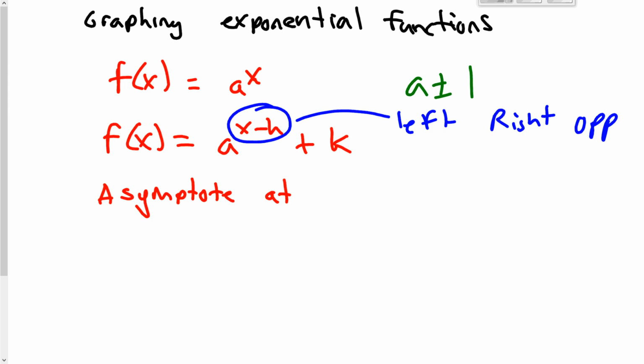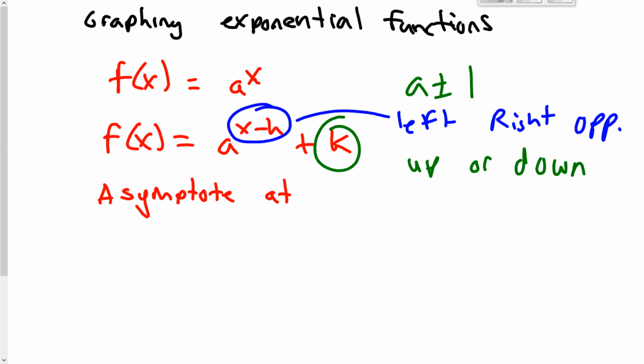So if it's x plus 2, that means it's moving left 2, just like quadratics, just like the different types of polynomials that we did. It moves the opposite direction. And then k, what's being added after you do the exponent, moves up or down, and it's the same number. So if it's positive 3, then it moves up 3. If it's negative 2, it moves down.